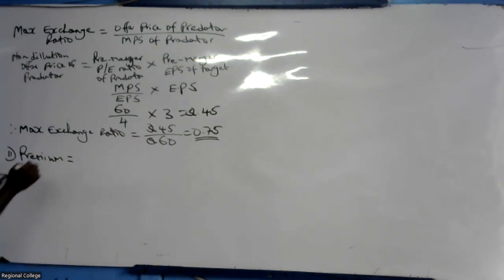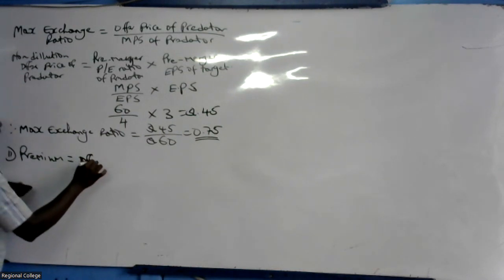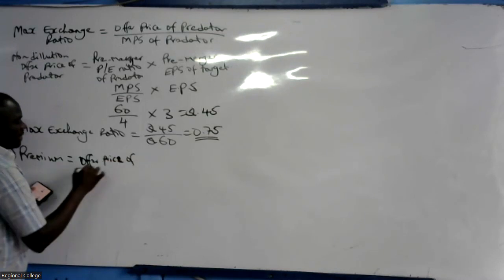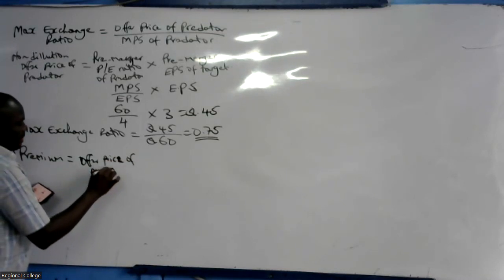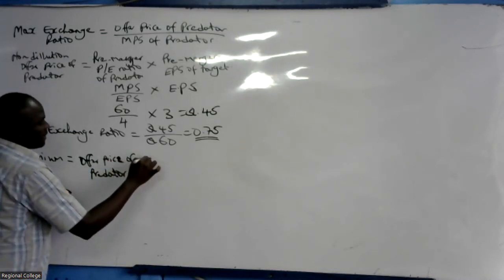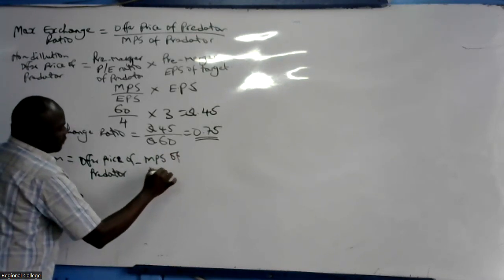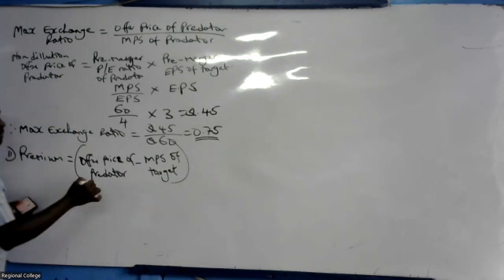So the premium becomes the offer price of the predator minus the MPS of the target. That gives us the premium per share.